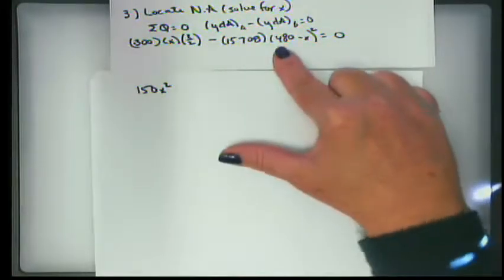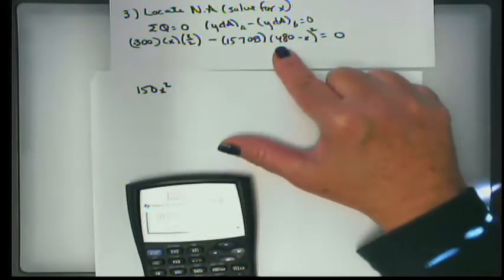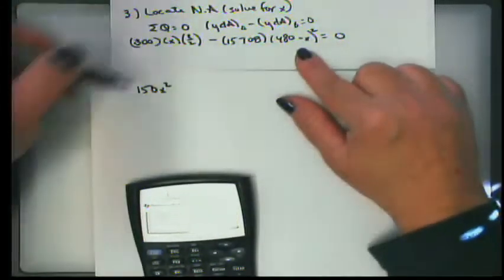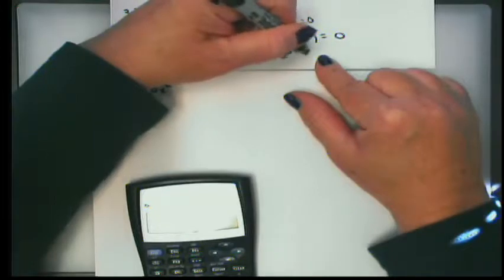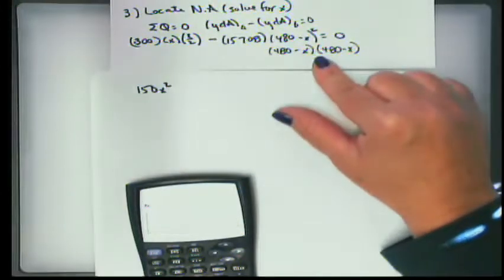Here, I cannot do this number in my head, so I'll go ahead, 15,708. I guess I have to break this up before I do that. So I have to do 480 minus x times 480 minus x in order to find that number.